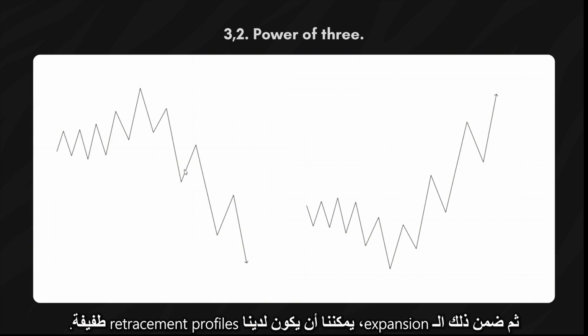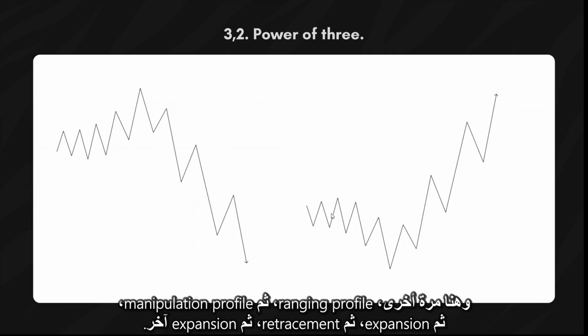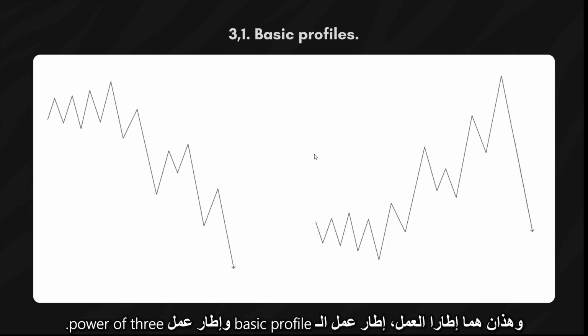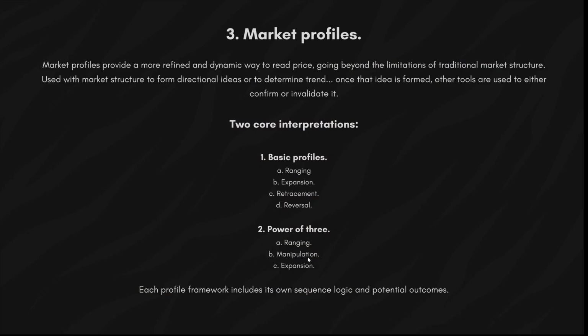And then within that expansion, we can have these minor retracement profiles. And right here again, a ranging profile, manipulation profile, then an expansion, retracement, then another expansion. Right? These are the 2 frameworks: the basic profile framework and the power of 3 framework.